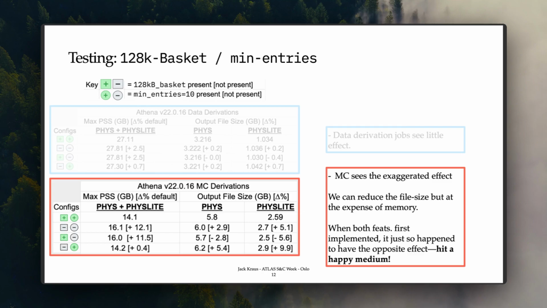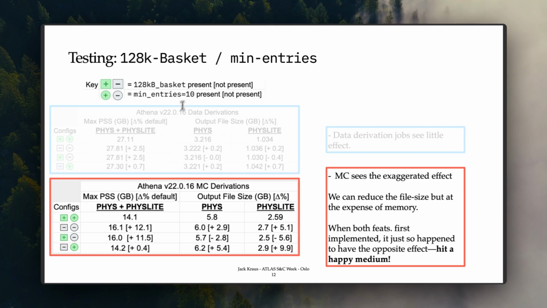It sees a much more exaggerated effect, and we can reduce the file size, but only at the expense of the memory. So what we're looking at here is where we have the basket cap present, but when we get rid of it, it seems to cancel out the effect at first order, which is kind of funny because the integration of both the basket cap and the minimum number of entries was implemented at the same time, and we didn't really see this effect separately.